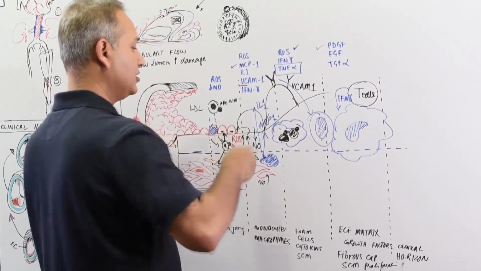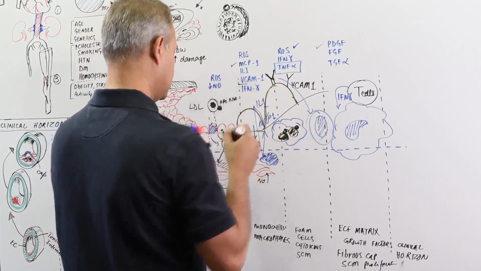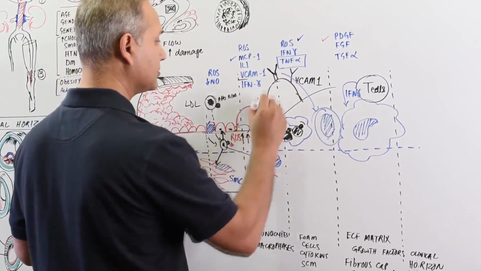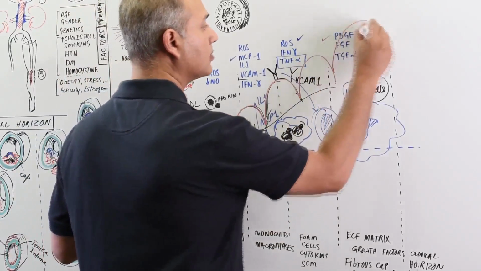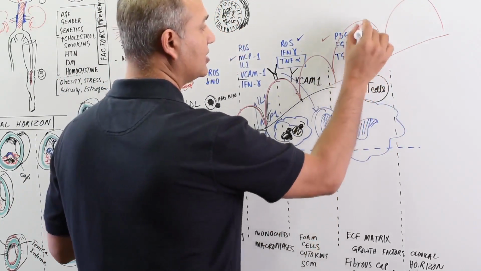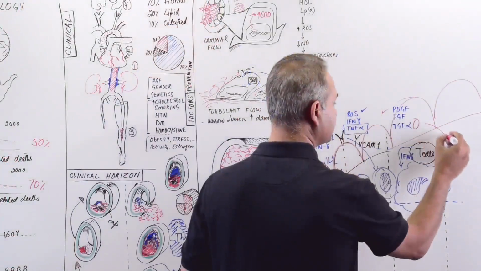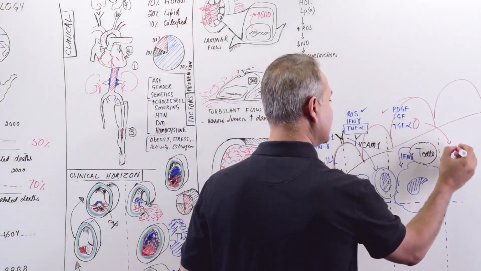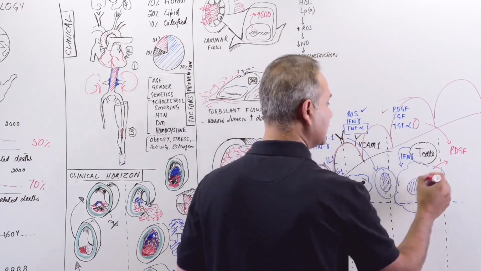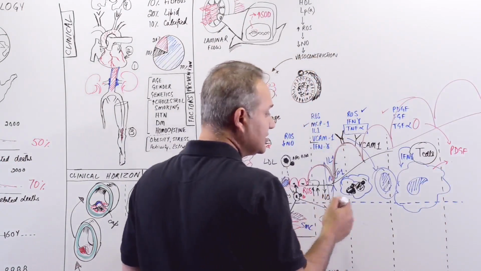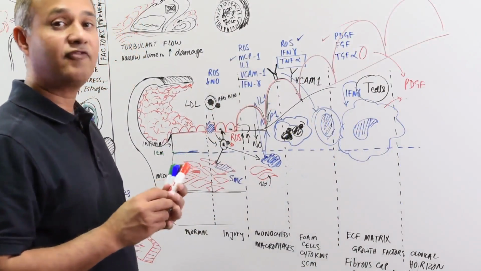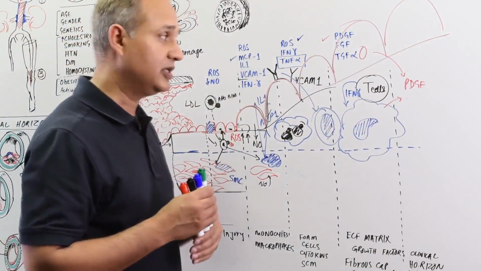So what happens is the growth factors, platelet derived growth factor, where did they come from? They came from the damaged, so let me make red colored endothelial cells. So these endothelial cells are releasing platelet derived growth factors. The macrophages are releasing that. Even other cells like the smooth muscle cells are releasing it. Then there are fibroblast growth factors that are being released.